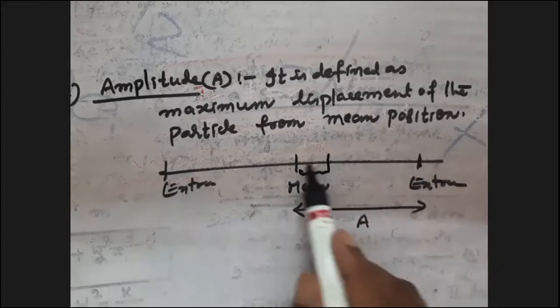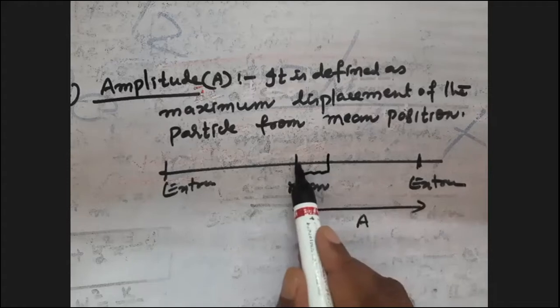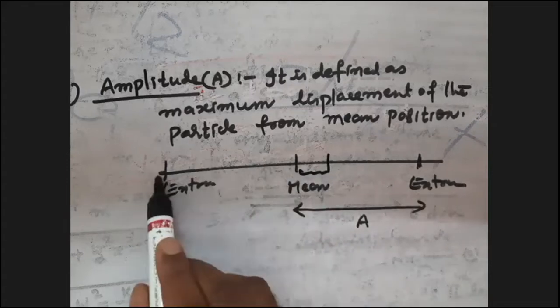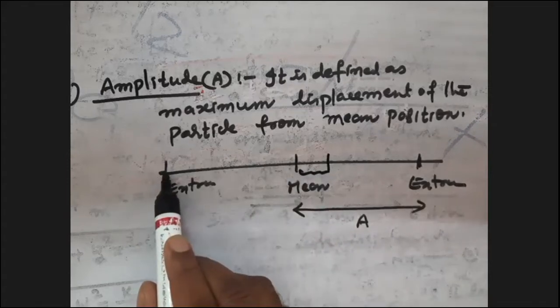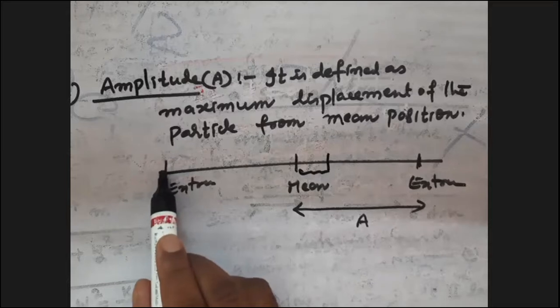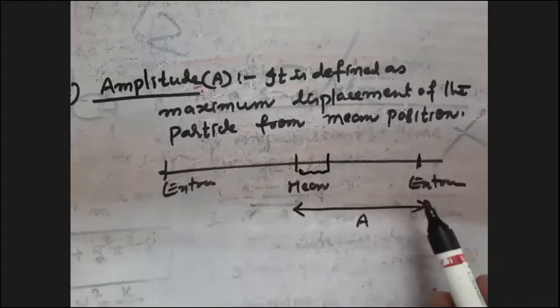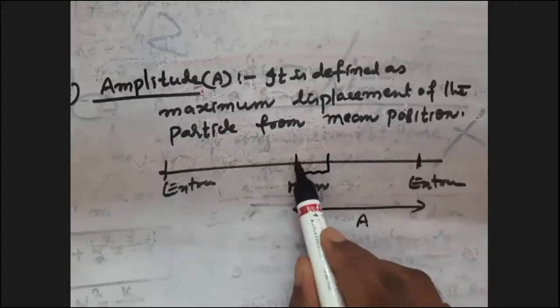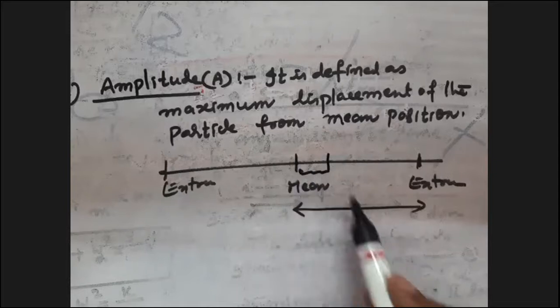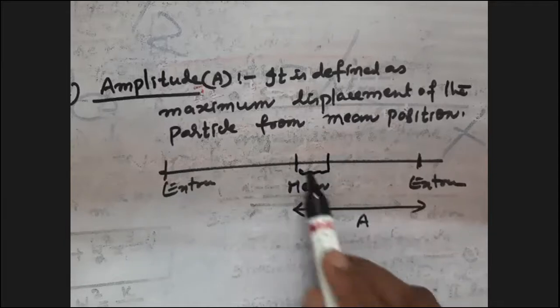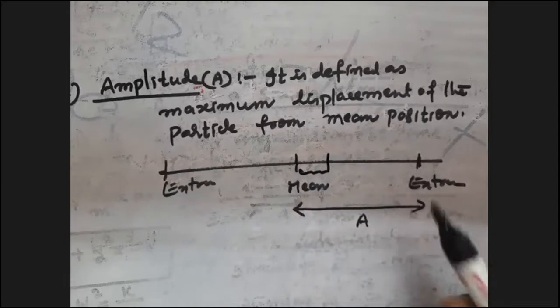After crossing the mean position, it moves towards the left extreme position, reaching the maximum there. Again it comes back. So the motion is repeated at equal intervals. Therefore, the maximum displacement of the particle is nothing but the amplitude, that is the distance between the mean and extreme position.